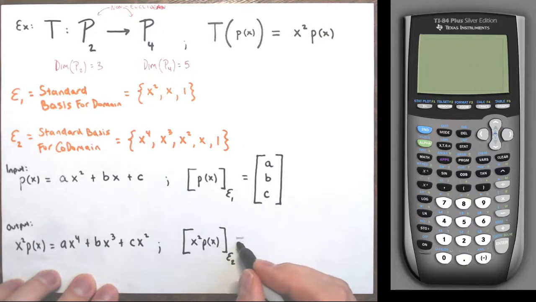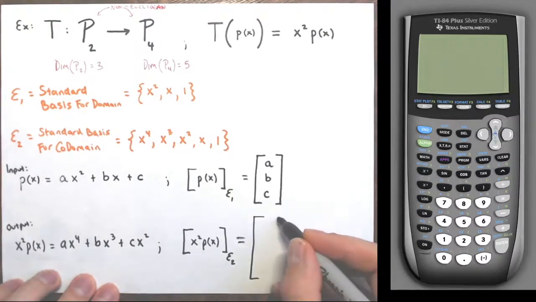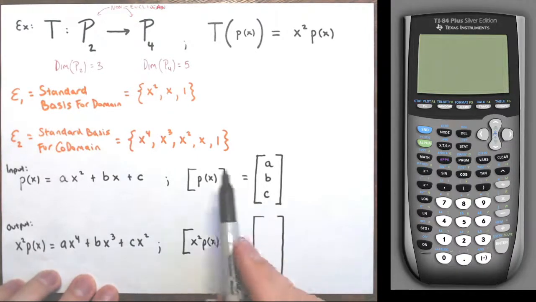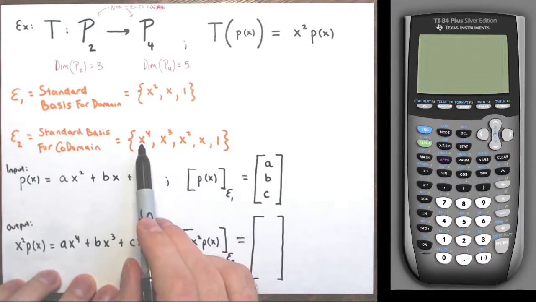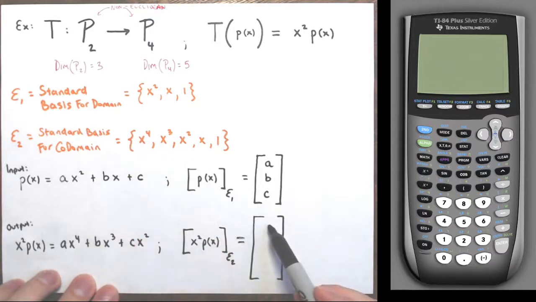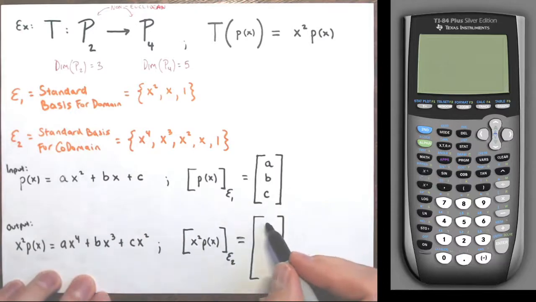Now the codomain has dimension 5, so I'm going to have a 5-component vector here. Again, down the column, each component is just the coefficient of the vector from the standard basis, in the order that I wrote them. The first component is the coefficient of x to the fourth in this output, which is a.